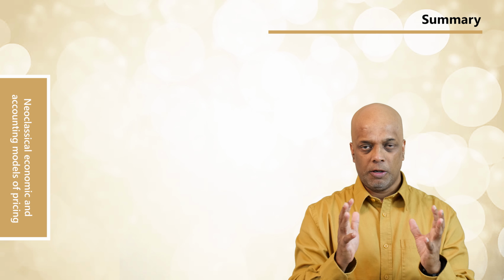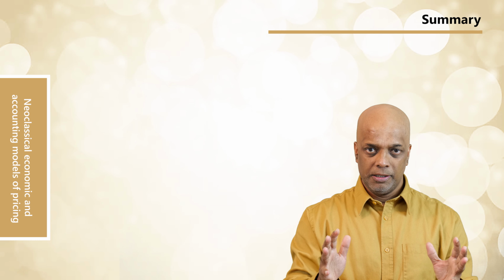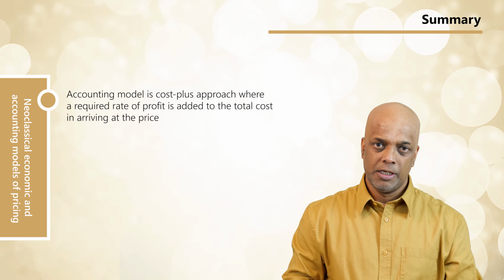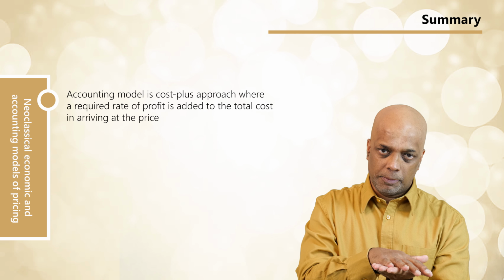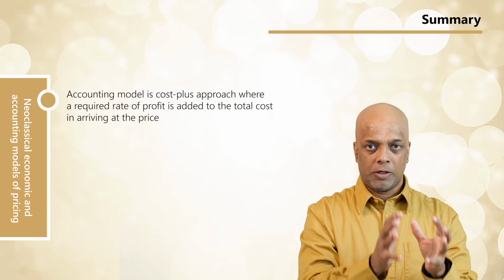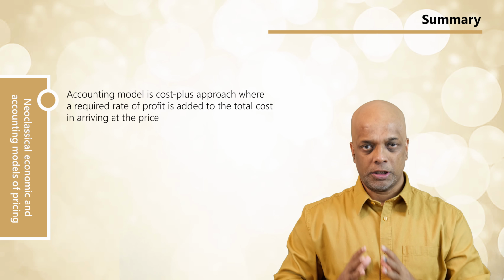Then the accounting model of pricing is a very simple model, and it is also called cost plus pricing. So you calculate the total cost of the product, which includes direct cost as well as indirect cost.